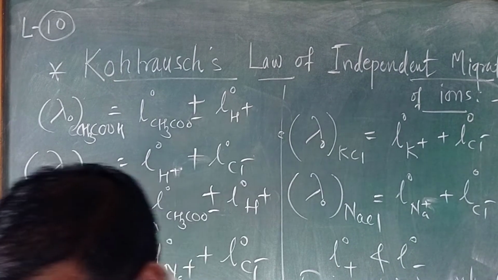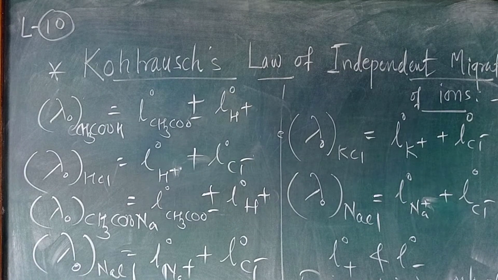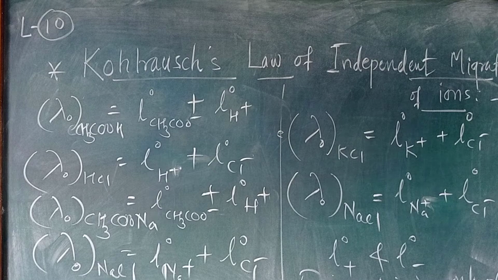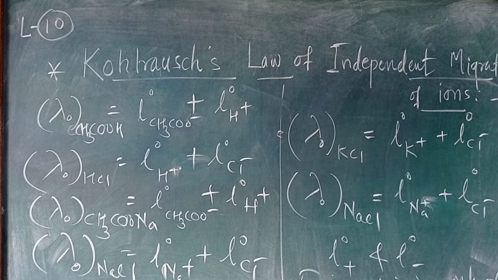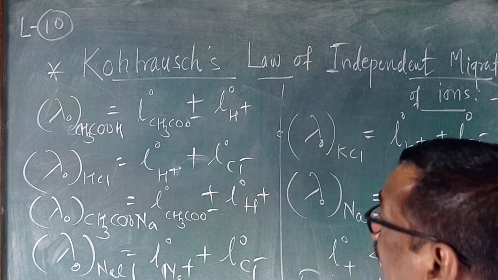Now, once you know the equivalent conductance of HCl, sodium acetate and NaCl, you can find the equivalent conductance at zero concentration for the weak electrolyte. How can it be found?